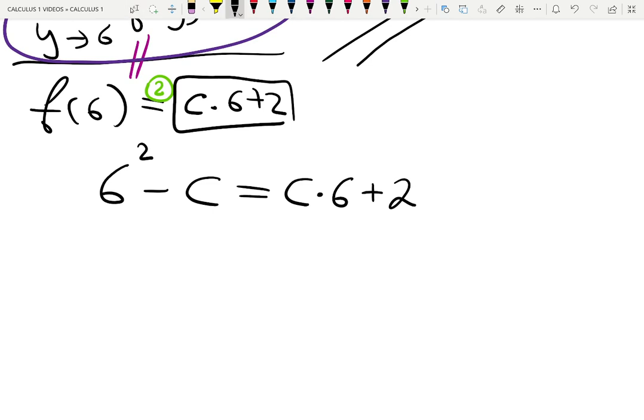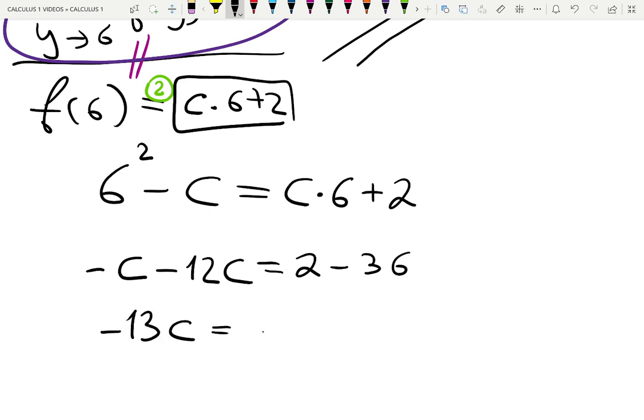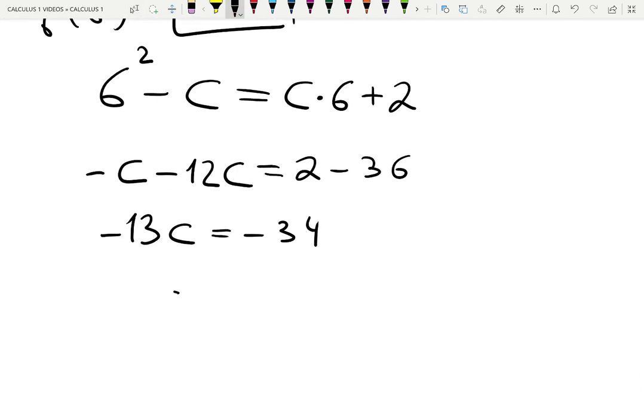It's a linear equation. Collect all the unknowns. Unknown here is c. I will collect them on the left. Minus c and minus 12c equals 2 minus 36. Negative 13c is negative 34. c is negative 34 over 13.